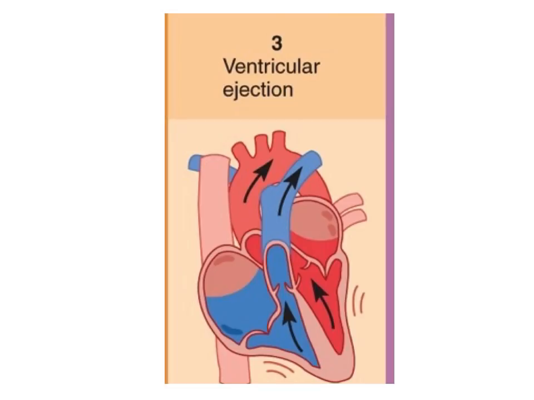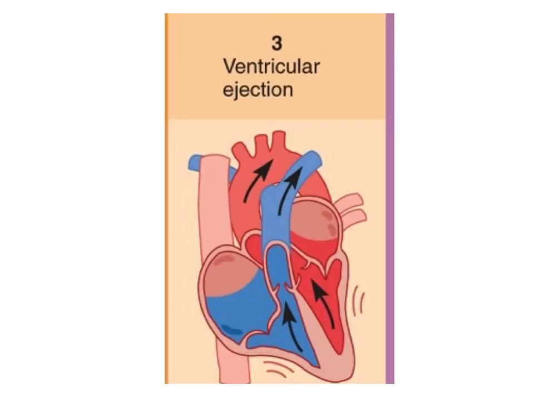But here's the question for you. Are the ventricles empty? And that's where you need to think back to your ventricular filling. What was your end diastolic volume? Your end diastolic volume, on average, is 130 milliliters. During ventricular ejection, you're ejecting, on average, 70 milliliters. So that means your ventricles, at the end of their ejection, still have blood in them.